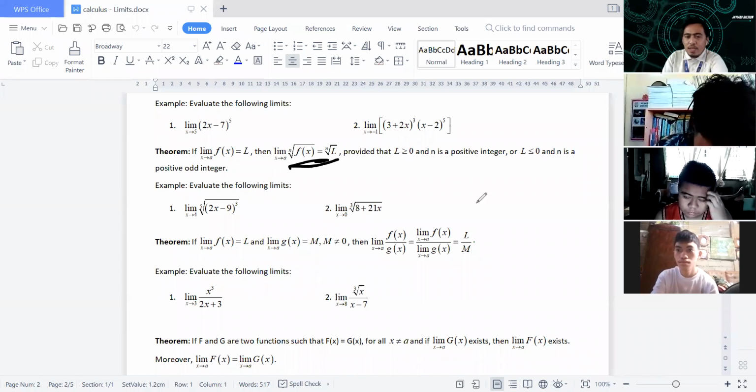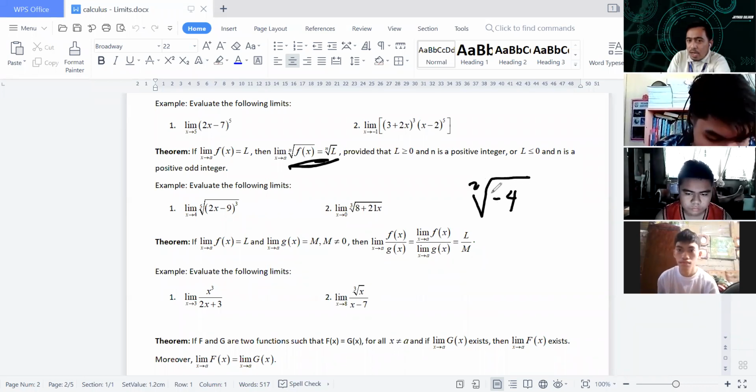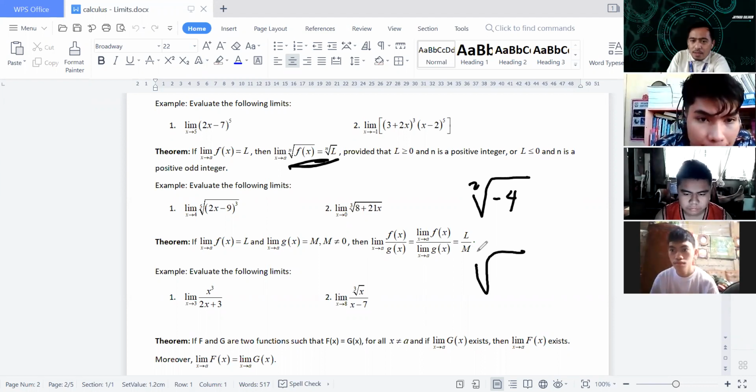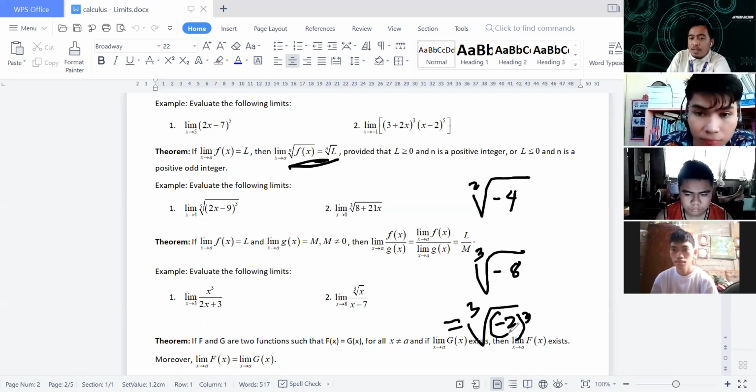Because if you have the square root, for example, of negative 4, that is even, so it is undefined under the set of real numbers. But if it is a cube root, for example of negative 8, it is defined. You can write it as the cube root of negative 2 raised to 3, because negative 2 raised to 3 is just negative 8.